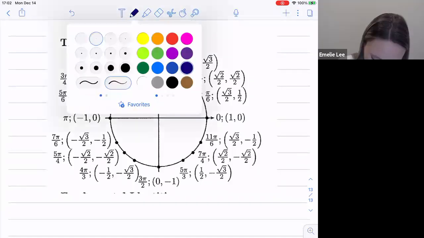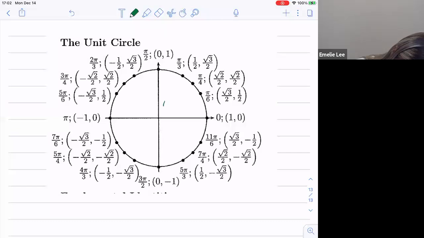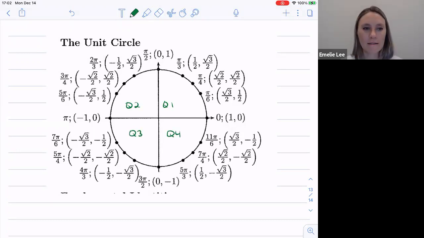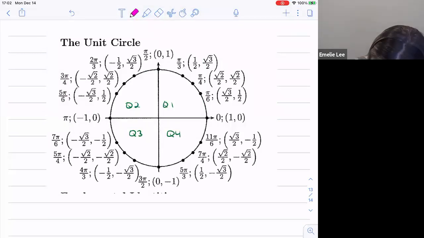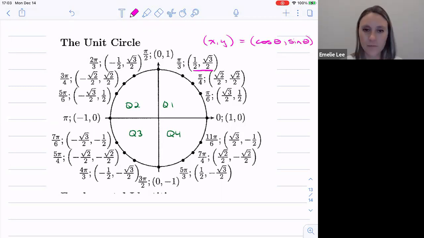So first things first, this is quadrant 1, quadrant 2, quadrant 3, quadrant 4. This y value, and I'm just going to do it in general terms here. If you have x, y, that's the same as cosine theta, comma, sine theta.